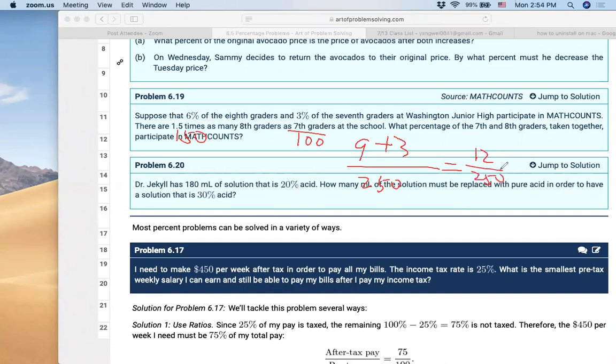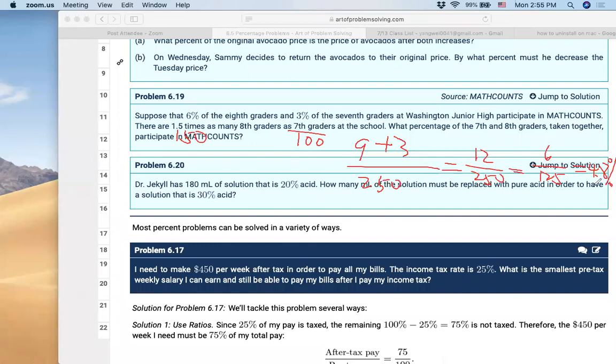See? Then you simplify this one, 6 over 125. Then you do that division, you get 4.8%. Right? Very easy, right? If you don't do it this way, the normal way, you need to set a variable. You need to set number of 8th grade is E, number of 7th grade is S, then use that relationship.